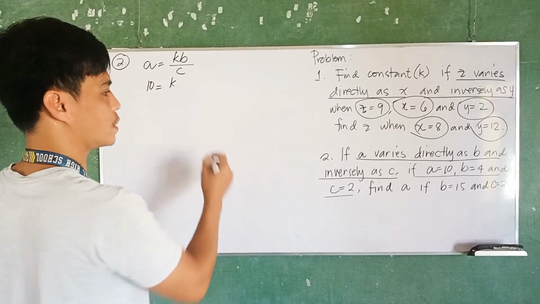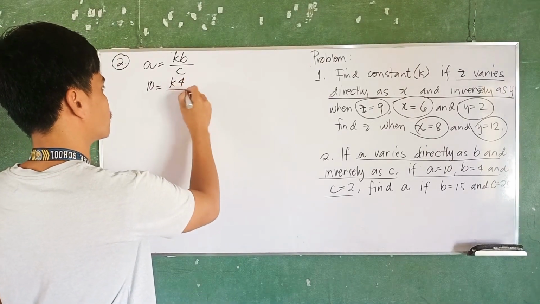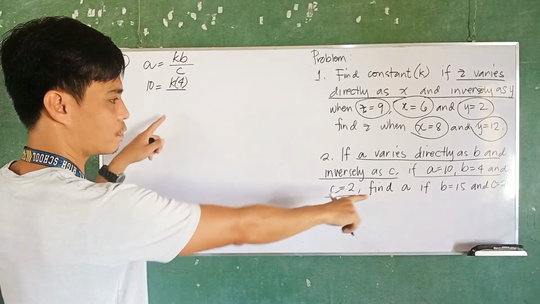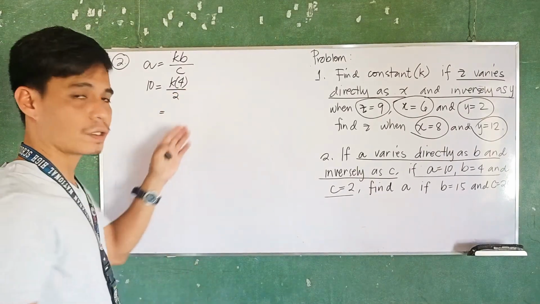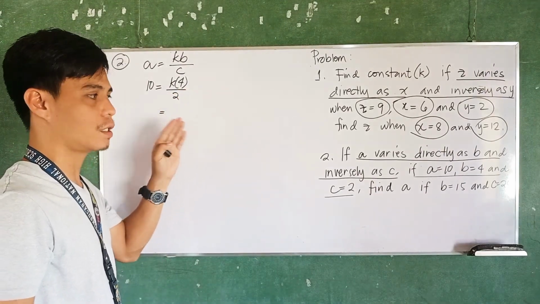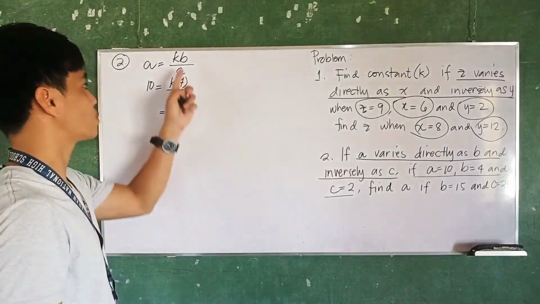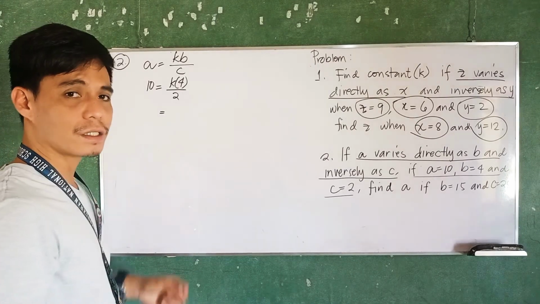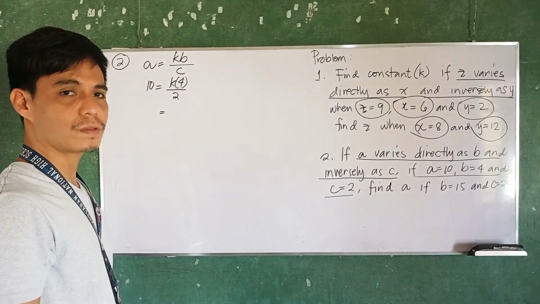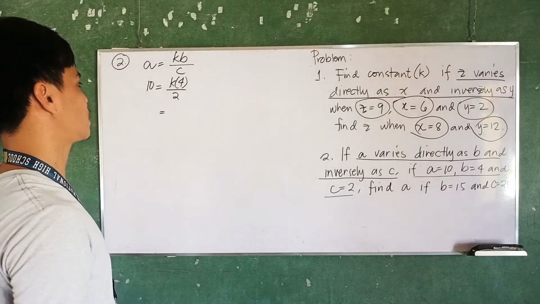And your B there is 4 over your C is 2. Okay, so I hope guys na nasundan natin yung pag-substitute ng value dun sa mathematical symbol natin. And let's proceed to computing the value of constant.